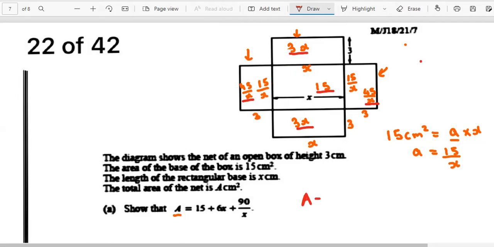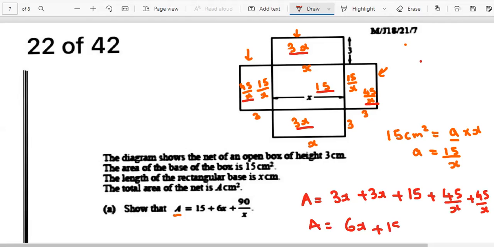So A is equal to 3x plus 3x, because we have two 3x, plus 15, that is the base, plus 45 by x plus 45 by x, and A is going to be 6x plus 15 plus 90 by x, right? So this would be the answer, and we have shown this, right?